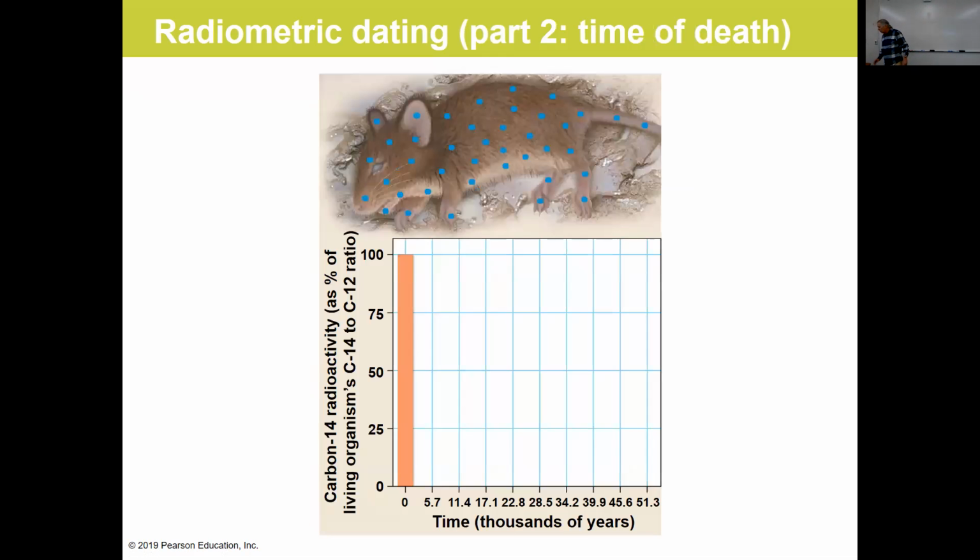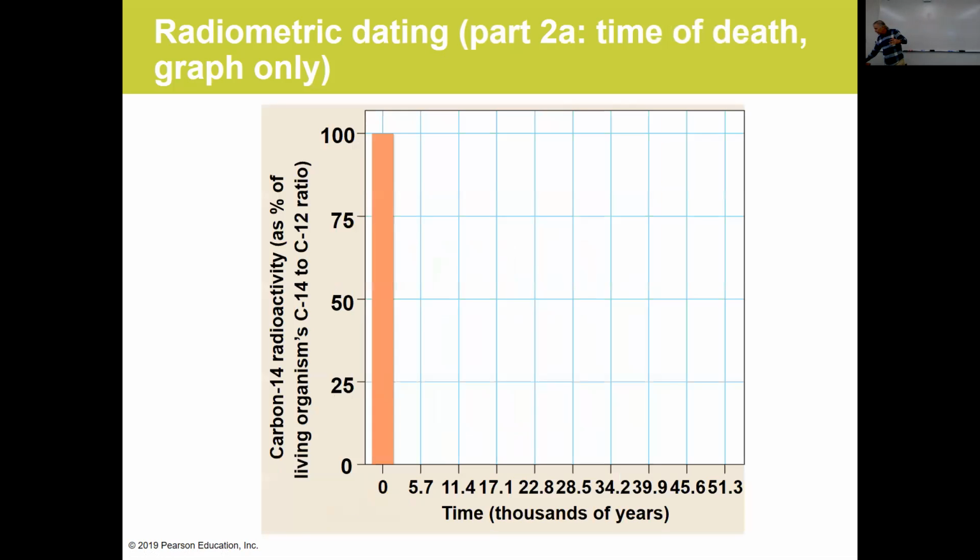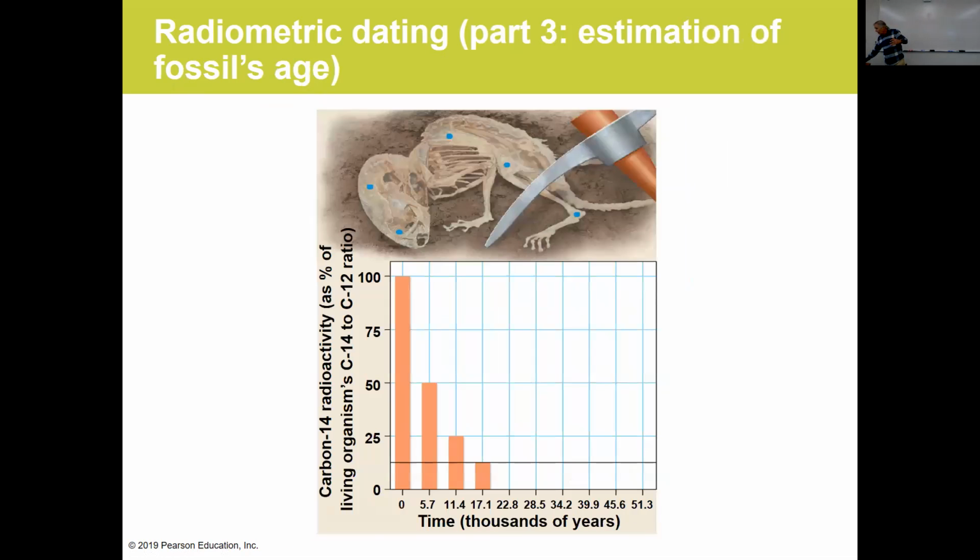So after the organism dies, it has a certain ratio of carbon-12 to 14. And as time goes on, as I mentioned, the carbon-14 decays into carbon-12 at a constant rate. After, I think it's 5,700 years, called the half-life, half of the carbon-14 will become carbon-12.